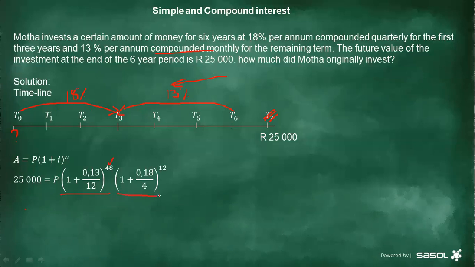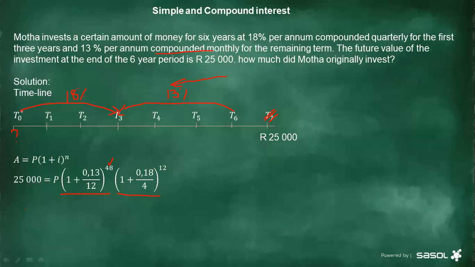And then we have another bracket, because now we are dealing with another interest rate, which is 18%. You say 1 plus 0.18 over 4. Why 4? Because it's compounded quarterly, and we said quarterly is 4. And how many years from T3 to T0?